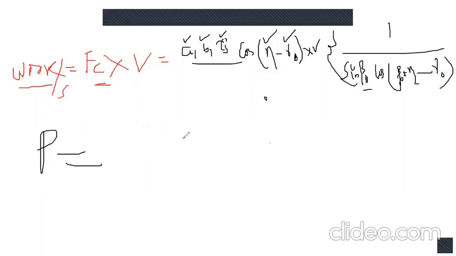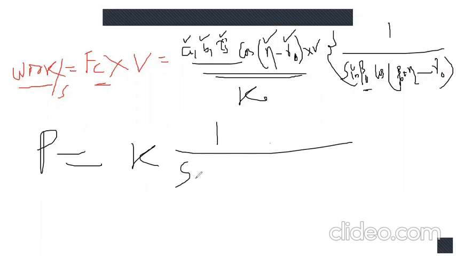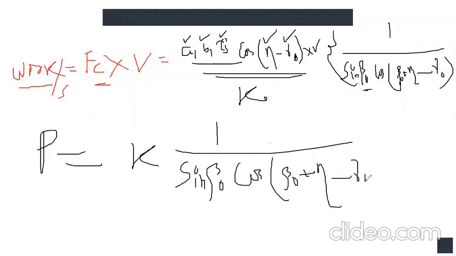So this is the constant value. Only the variable part is beta naught. So now power equals this constant, we take k, into 1 by sine beta 0 cos of beta 0 plus eta minus gamma.